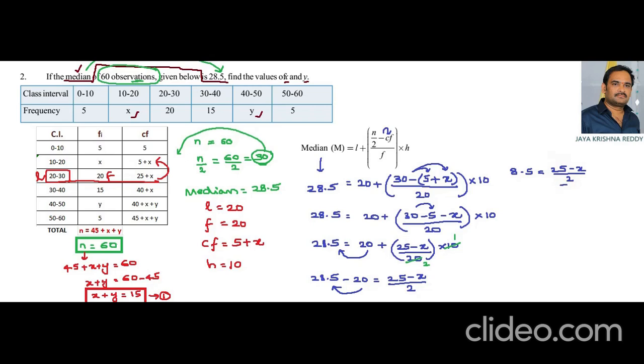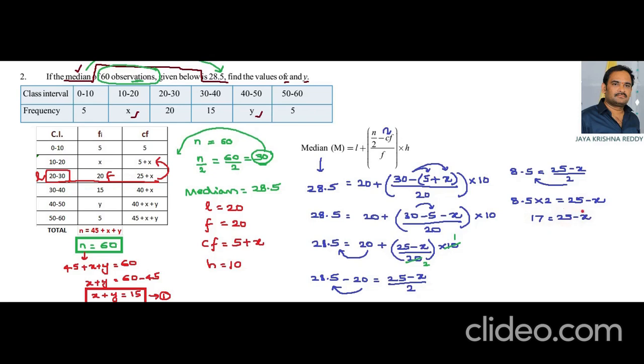Transpose this 2 to the left side. 2 is dividing on the right hand side, so it should multiply on the left side: 8.5 times 2 equals 25 minus x. So 8.5 into 2 is 17, equal to 25 minus x.